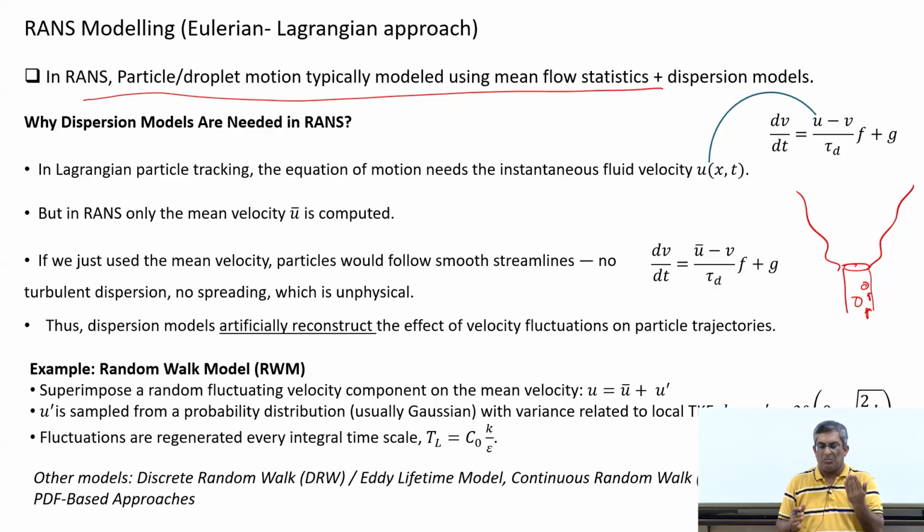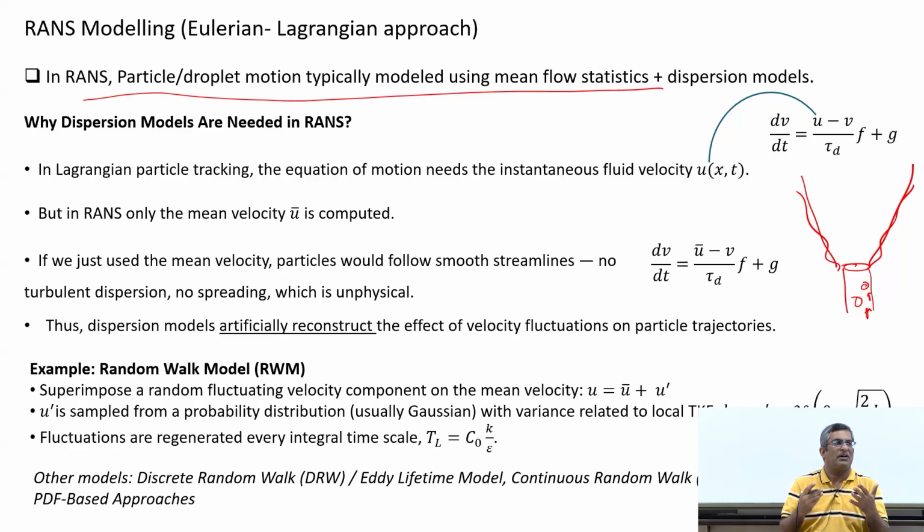But when you solve the RANS equation, what you get is basically the mean flow. In other words, if you show, let us say, contour of the flow velocity, you will not see these corrugated shapes, you will see this. This is because it gives you the average flow field only.